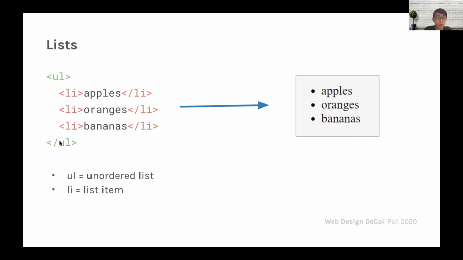So we create a parent element, which is the UL tags, and inside we create list elements, each of which contain text. So the LI tags each contain apples, oranges, and bananas, which show up on the right side over here with bullet points for each one. And you don't actually see the UL tag, but it is what surrounds the entire group of list items.